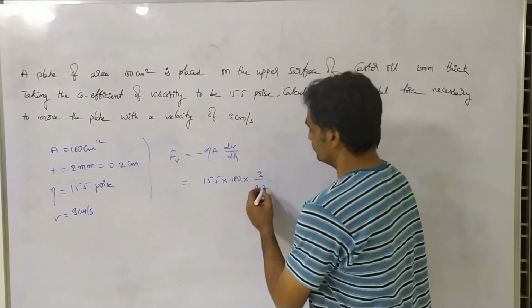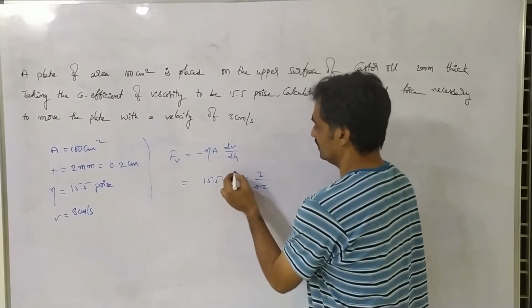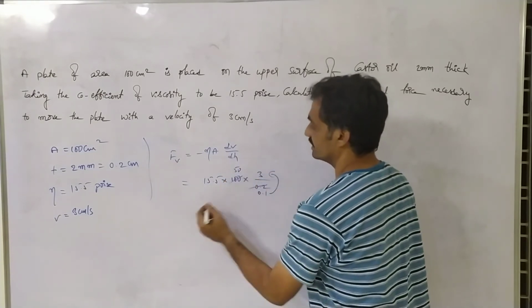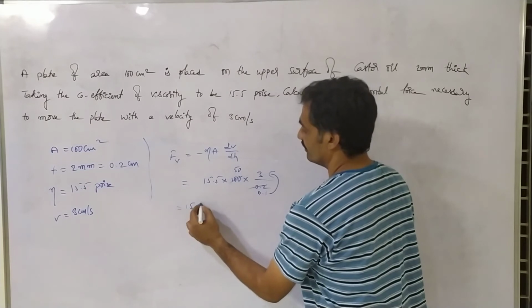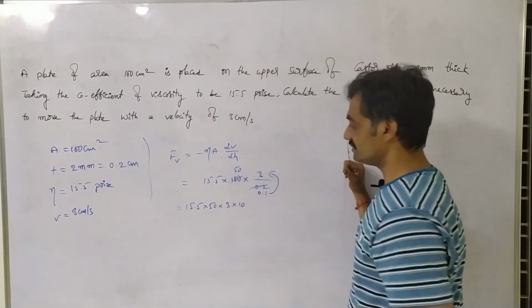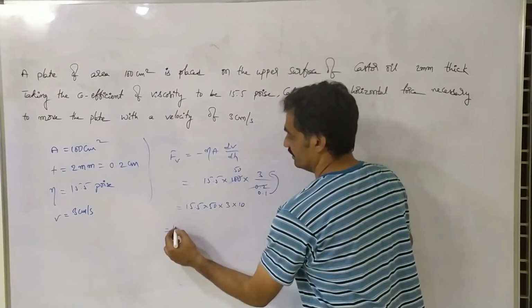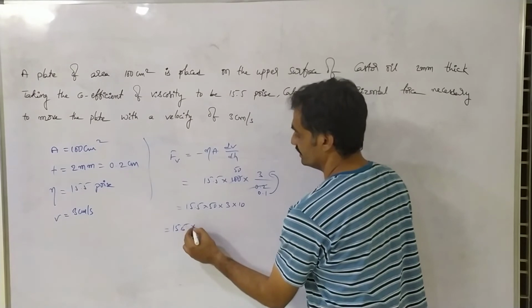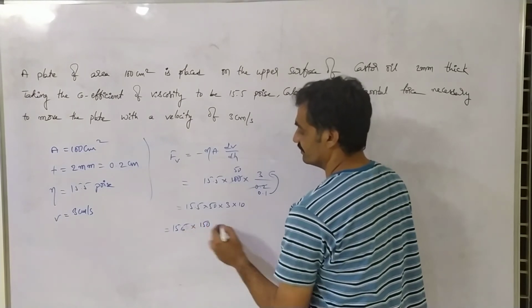So 0.2 into 100, where we can cancel it as 0.1. When we bring it, it converts into 10. So 15.5 into 50 into 3 into 10, then 15.5, nothing but 155 into 50 into 3, 150.